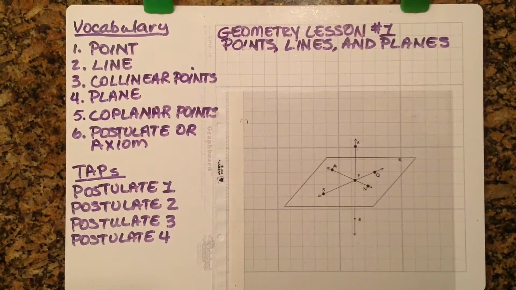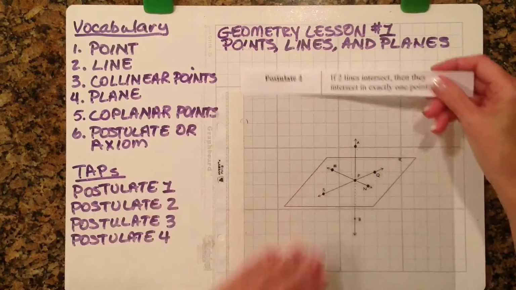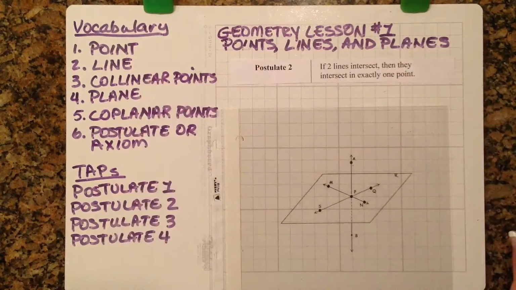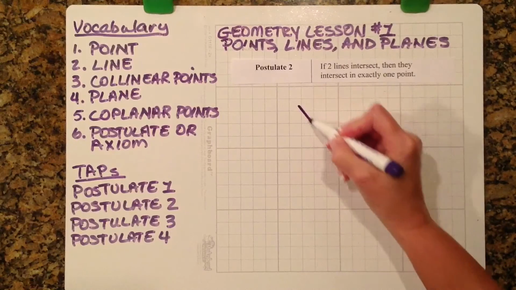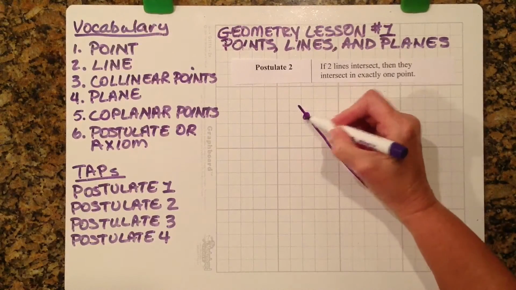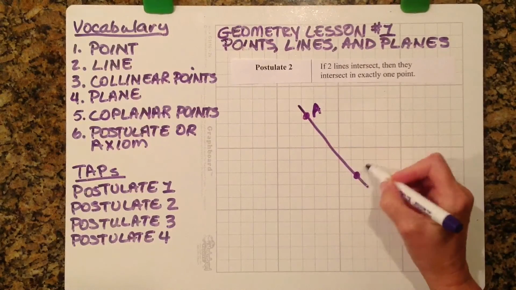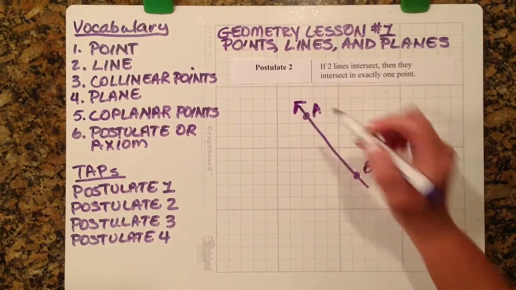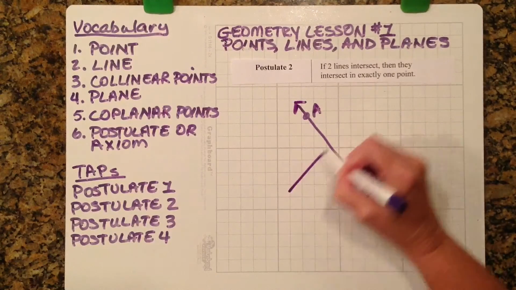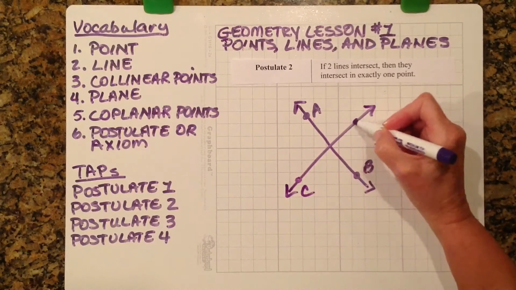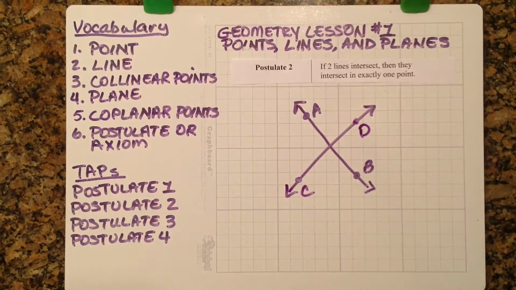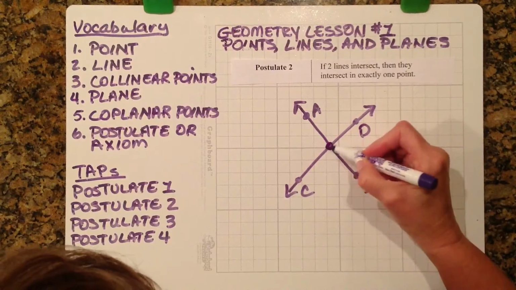Okay, postulate number 2. If 2 lines intersect, they intersect in exactly 1 point. So let's say I have 2 lines. This one's A, name that B. Don't forget your arrow. And let's do C and D. They always intersect in exactly 1 point, which would be right here.